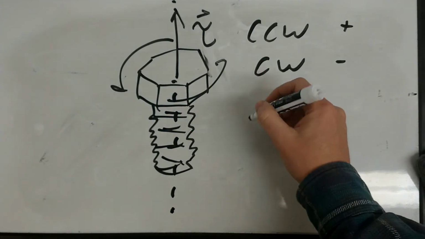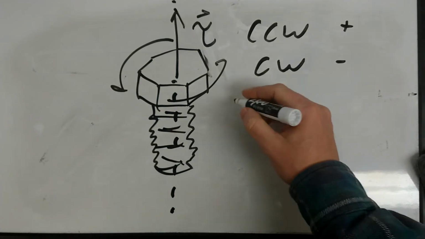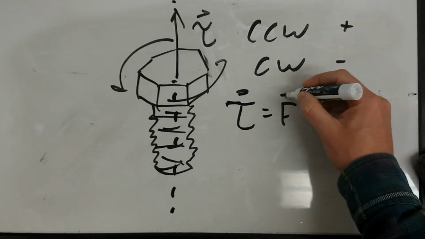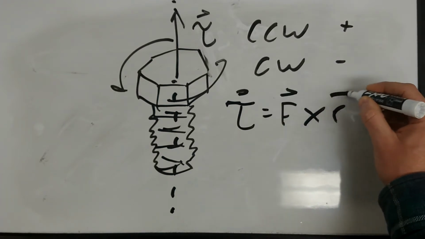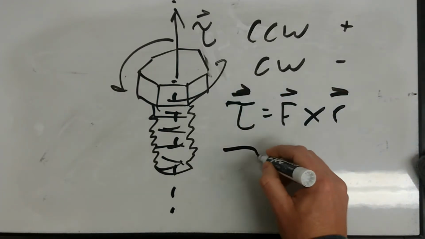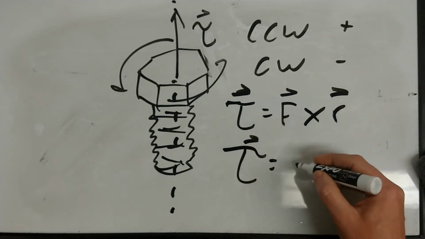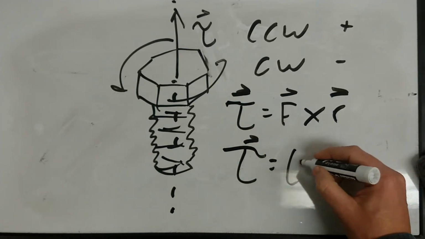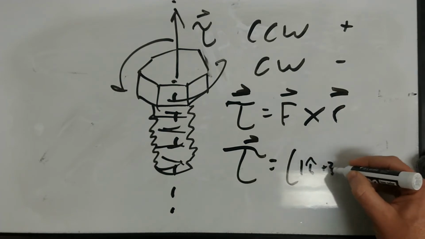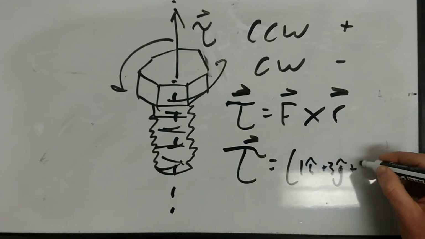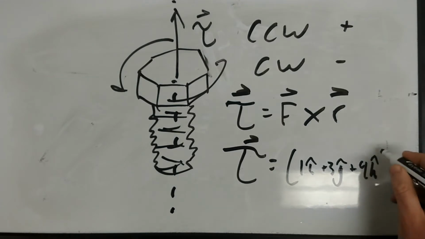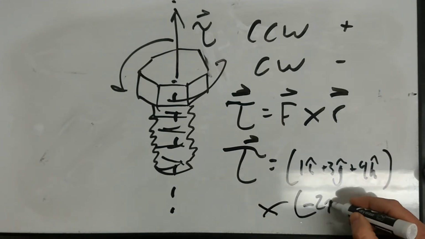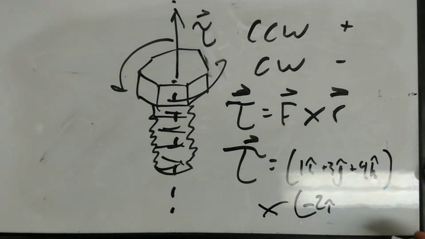It turns out we can do torques in 3 dimensions all at once using the i, j, k notation, which, trust me, I will save you. There's a whole mathematical operation here that says, okay, if we have 2 vectors, let's say our force was 1 i hat plus 3 j hat plus 4 k hat, I could cross that with a radius of -2 i hat, some random 3-dimensional vectors.